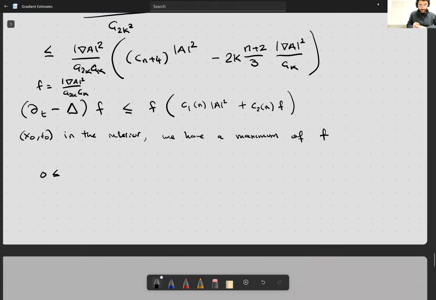So then you need 0 is less than or equal to, at that point, Cn plus 4 A squared minus 2k n plus 2 on 3, nabla A squared on GK. So I want this to be f, so I'll divide both sides by G2K.